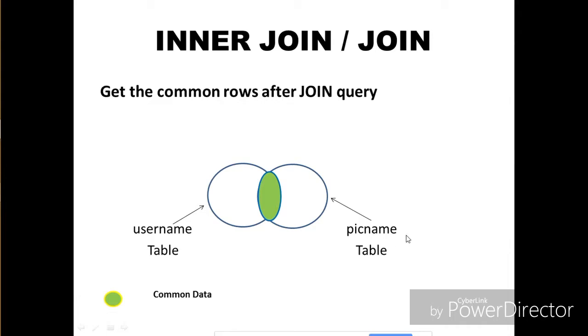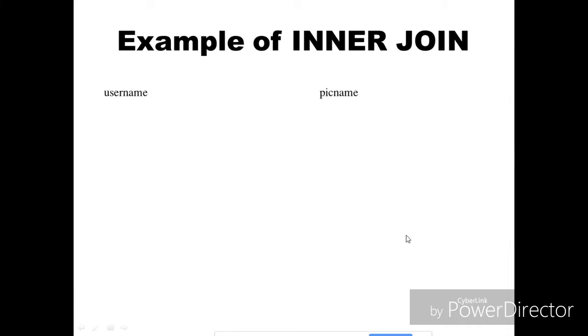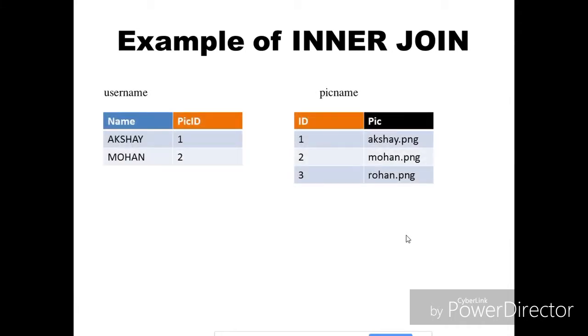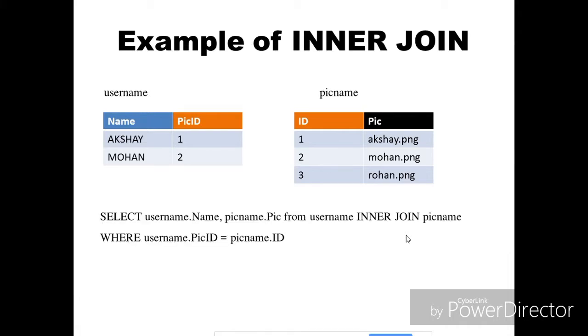We can understand this easily by seeing this example. We have two tables, username and pickname, and to get the name and the profile pic corresponding to that username, we will perform this query. Select username.name, pickname.pick.